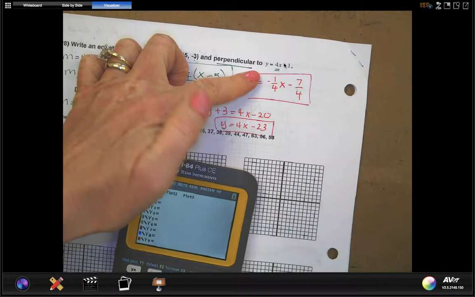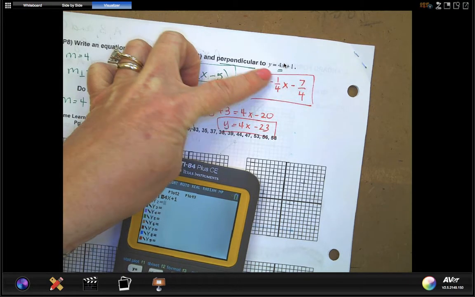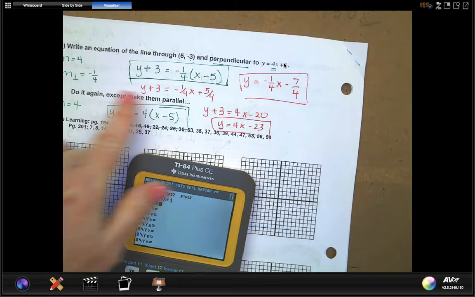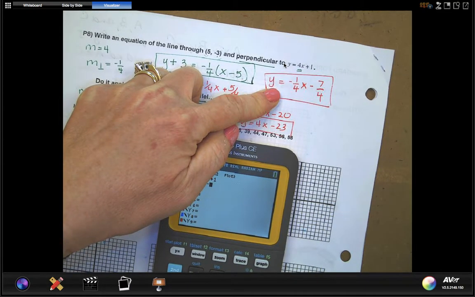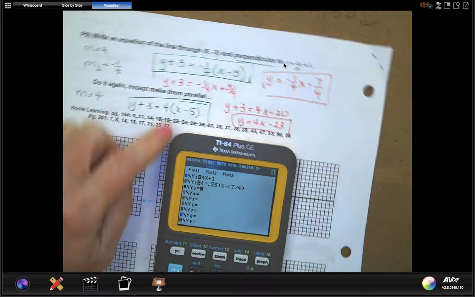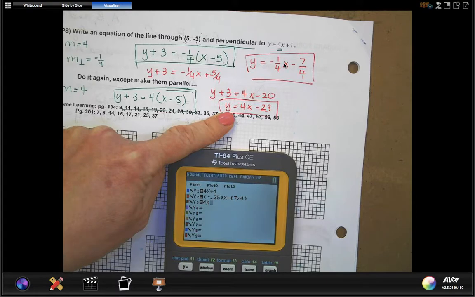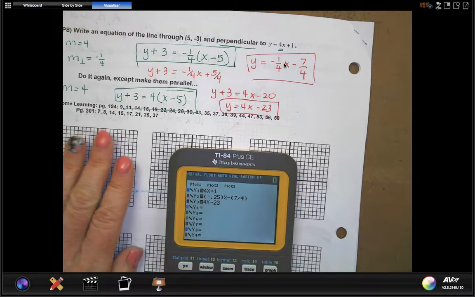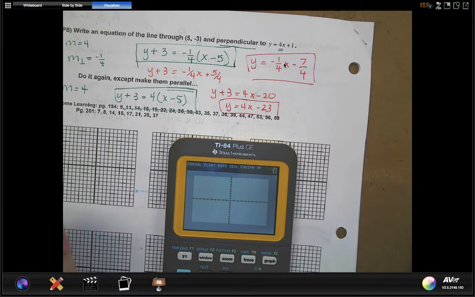So my original line is this 4x plus 1. And my perpendicular line is this -1/4, which is 0.25, x minus 7 divided by 4. And then this parallel line that I created is 4x minus 23. Don't worry, you don't have to be able to graph any of these with your calculator. I just wanted to show you what's happening here.